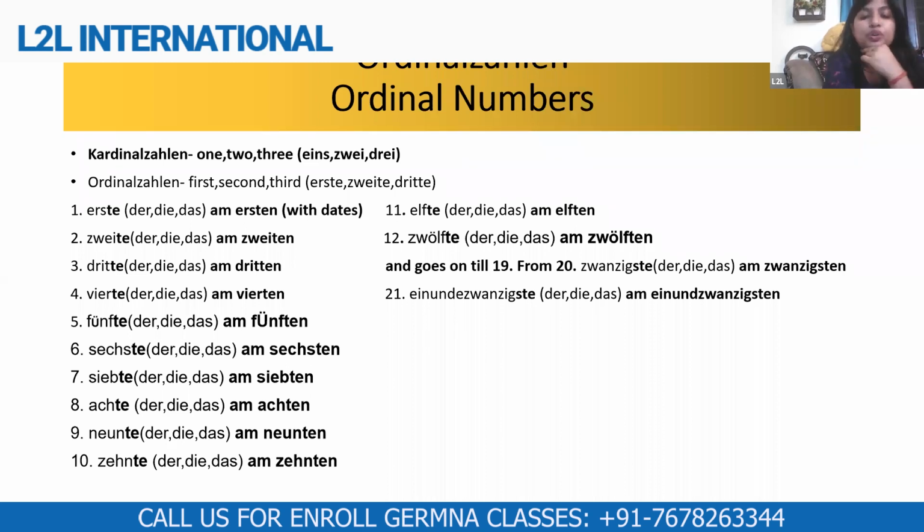So there are two ways of talking about first, second, third. I'll give you an example. For example, I am reading this page to you, and for some reason, Samriti is unable to understand point number 2.